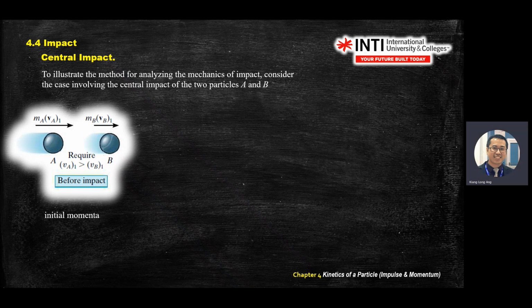A is faster than B. From momentum, m times v, A will have momentum A and B will have momentum B. This is before impact. You can predict that A will meet B from behind.